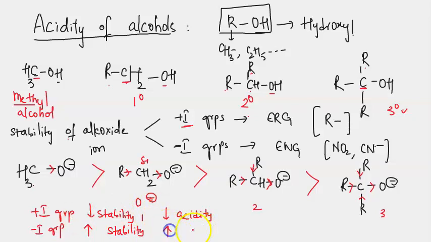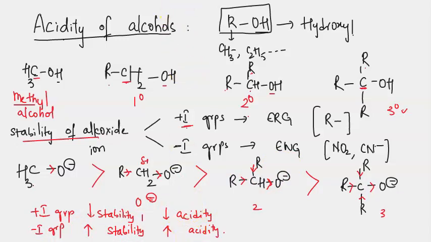Minus I groups increase the acidity. So in short, the acidity of alcohols depends on the stability of the alkoxide ion. The stability of the alkoxide ion in turn is decided by the presence of plus I groups or minus I groups. If more plus I groups are there, acidity is low. If more minus I groups are there, acidity is high.